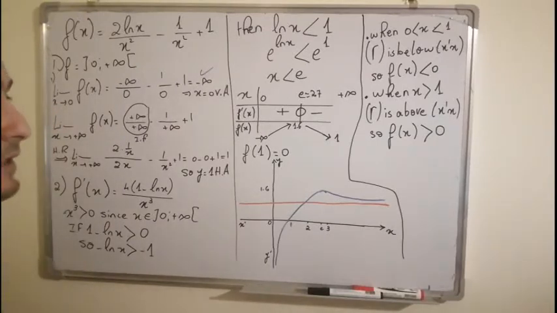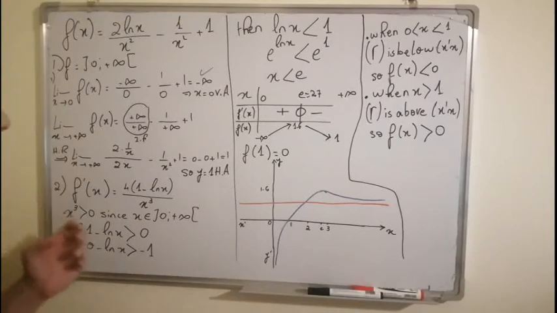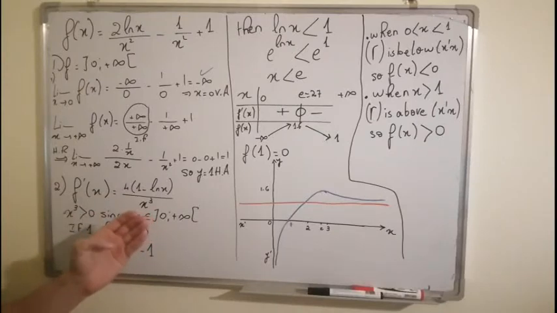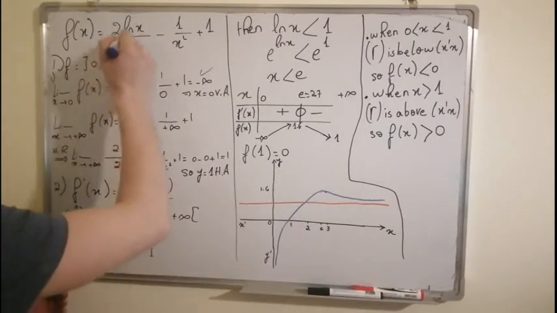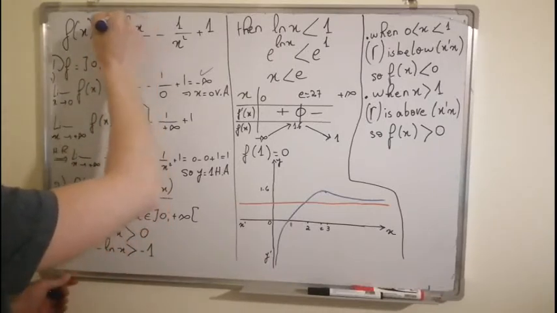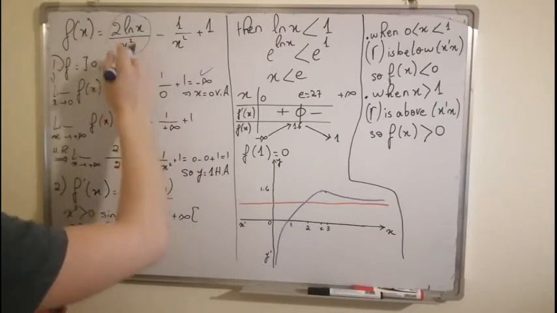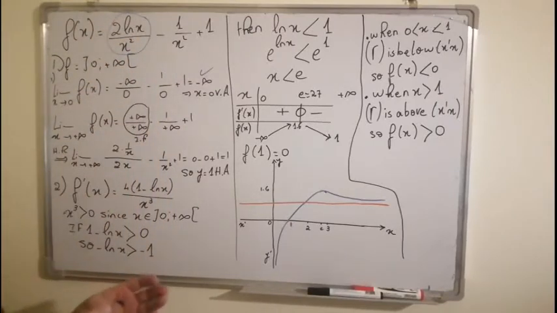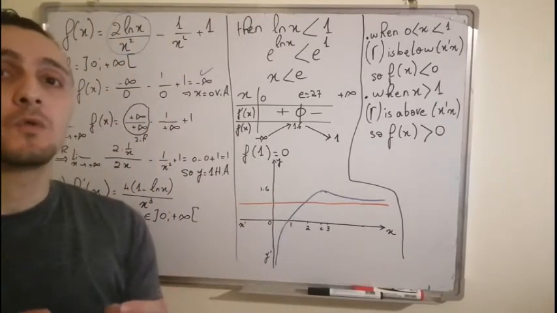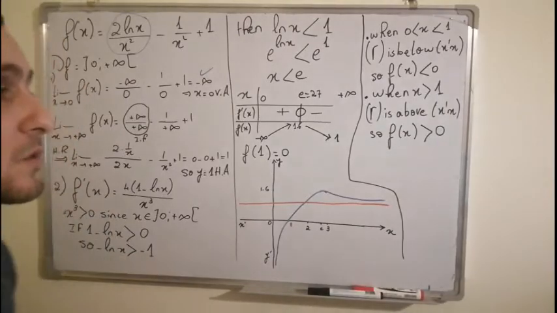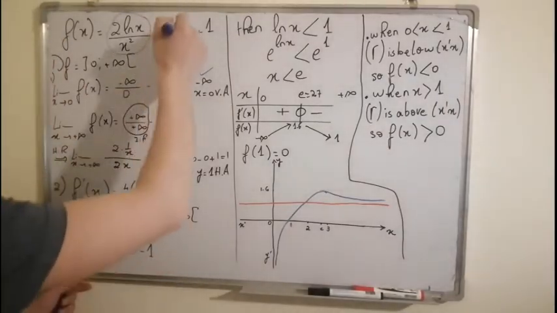Question number 3 is: calculate f prime of x and show that it's equal to 4 times 1 minus ln x divided by x cubed. The function f of x, the first part is in the form of u over v, and we know that u over v prime is equal to u prime v minus v prime u divided by v squared.